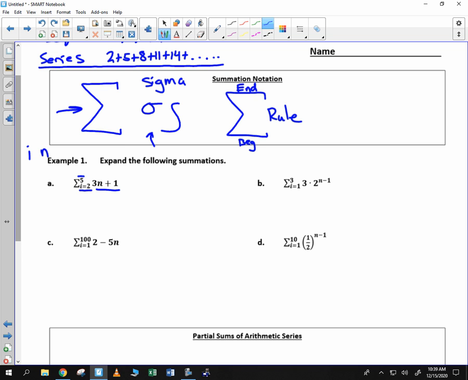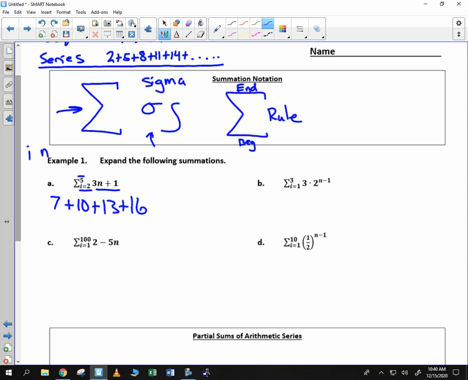So what we do is we start by plugging in 2, and 3 times 2 is 6 plus 1 is 7. Plus, then we plug in 3. 3 times 3 is 9 plus 1 is 10. Then we plug in 4. 3 times 4 is 12 plus 1 is 13. And then finally, 3 times 5 is 15 plus 1 is 16.